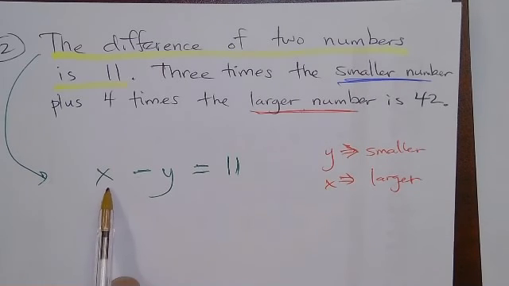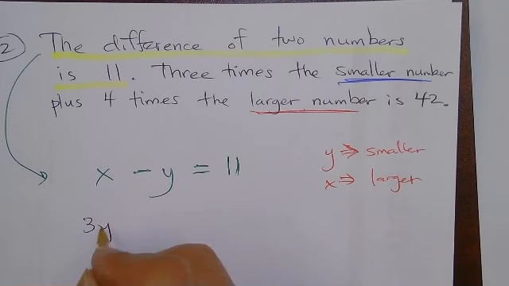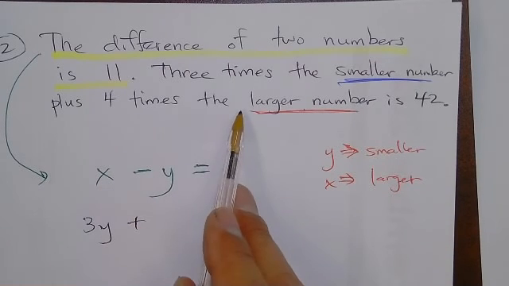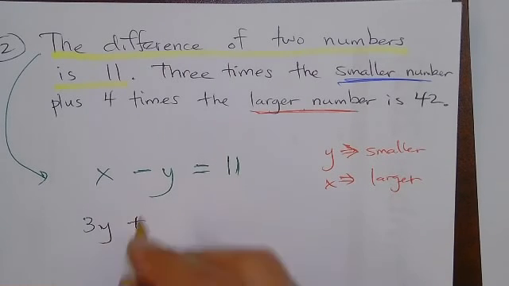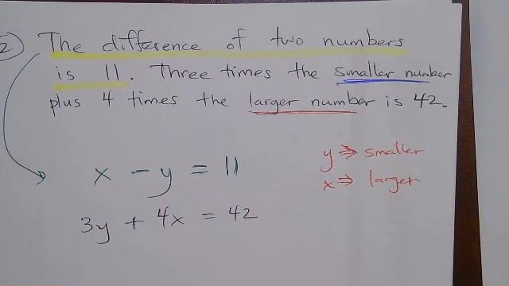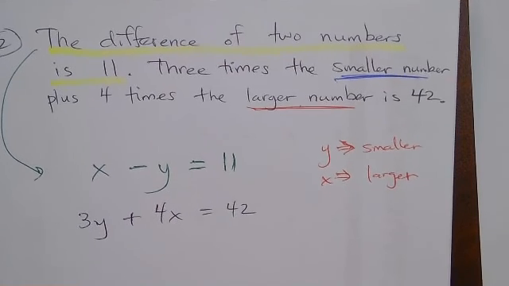3 times the smaller number? Aha, you see? The smaller number is not x. That would be 3y. And then it says plus 4 times the larger number, which is 4x, is 42.